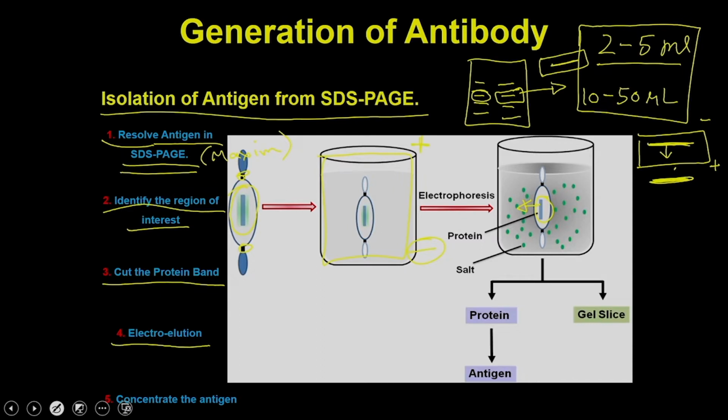It migrates and eventually falls into the outside buffer. You just collect the outside buffer, which is going to have the proteins, whereas the gel slice remains inside the dialysis bag. From here you can concentrate and collect the antigens.